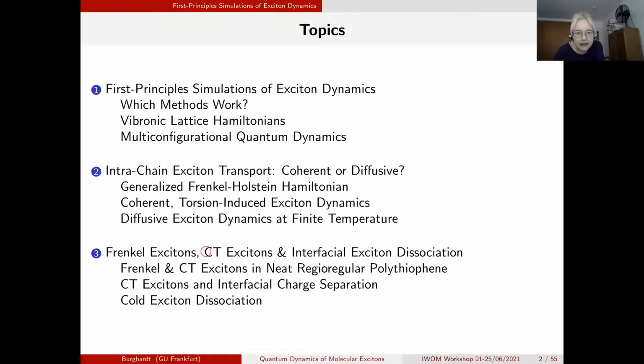And in the second application part, we'll include charge transfer effects. I'll say something about the coupling between Frenkel and charge transfer excitons and about interfacial exciton dissociation, actually in vibrationally hot systems, but also in the case of cold exciton dissociation where the processes become very slow.